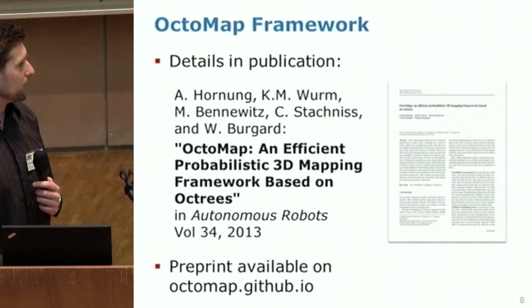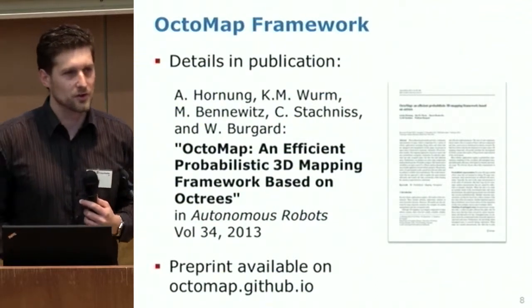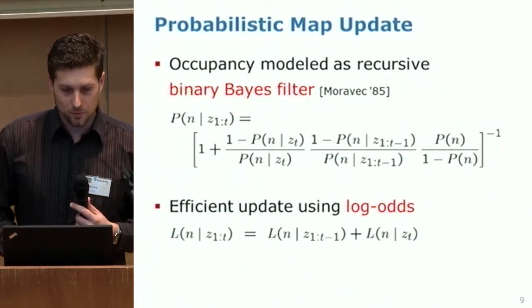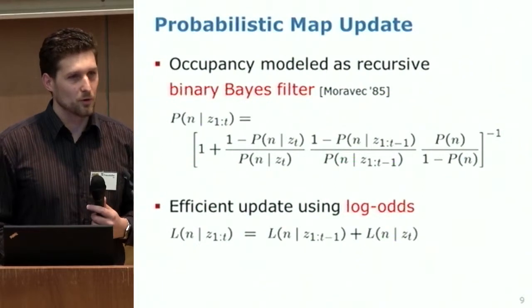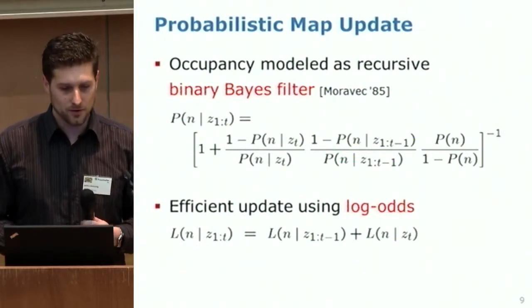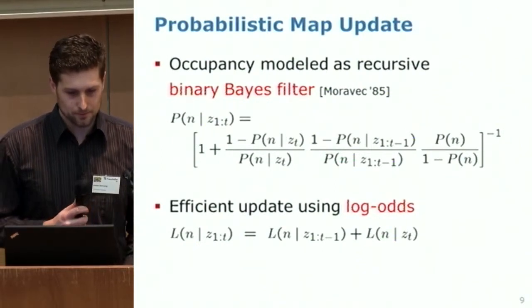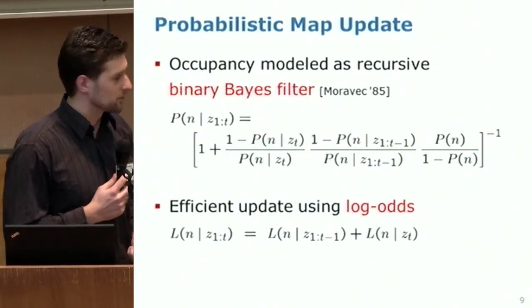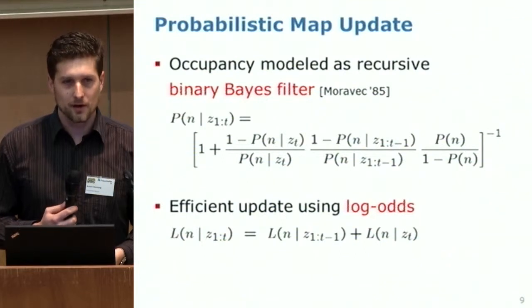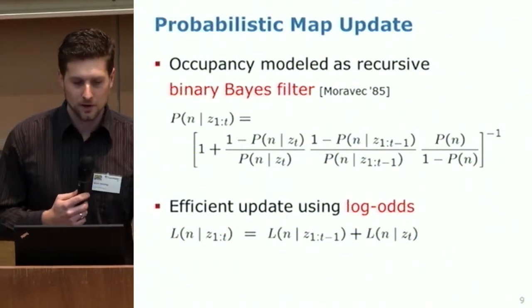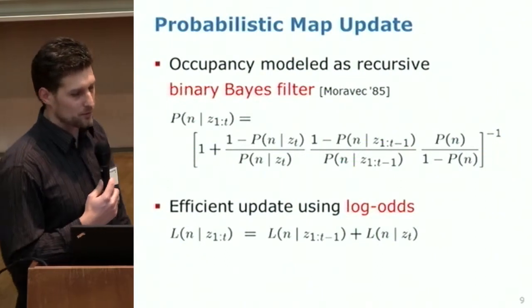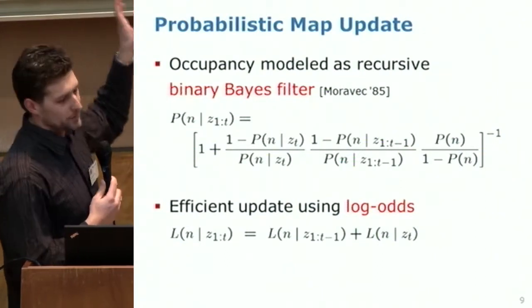So let's get to some details to give you some understanding of what's happening under the hood. What we want to do, as I mentioned before, is model occupancy in this map. And we do this by employing the binary Bayes filter, which was introduced by Moravec in '85 for 2D grid mapping. And we're essentially applying this to 3D maps. What you see up there is the formula for the binary Bayes filter.